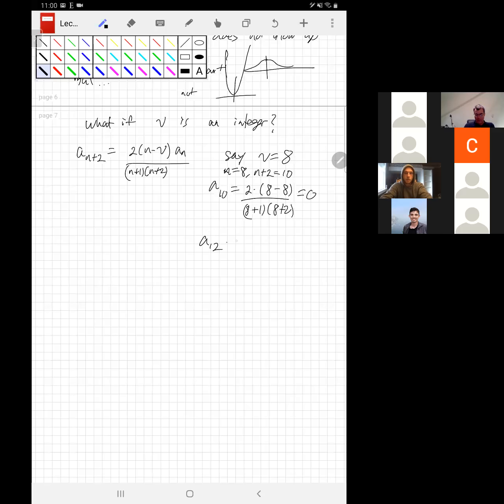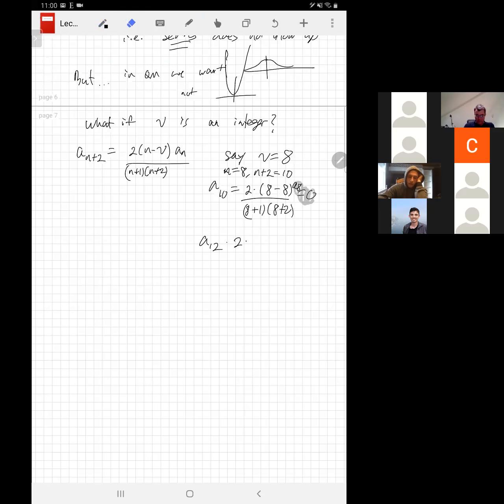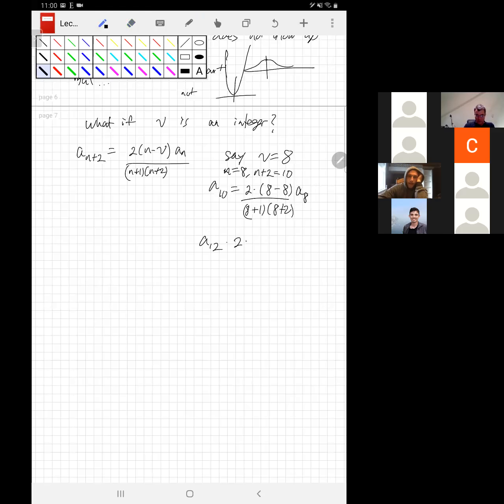Then a_12 will be equal to 2 times (10 minus 8) times a_10 over (10 plus 1)(10 plus 2). But a_10 is 0, so that'll be 0.